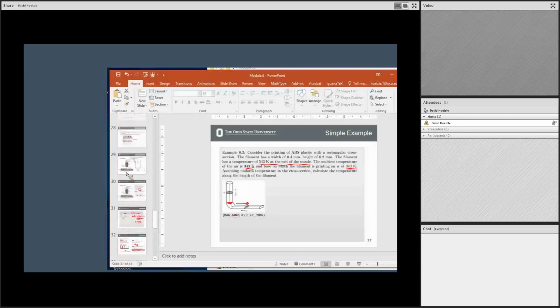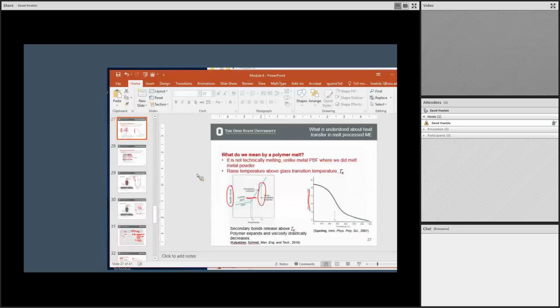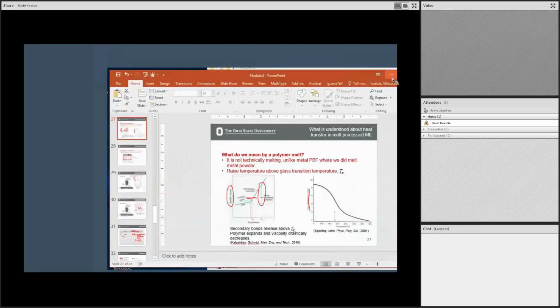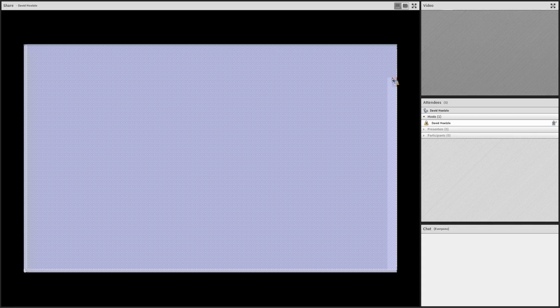That is given by this generic plot of specific volume. You heat it up and it expands a considerable amount. Every material does, except for some exceptions, with water being the notable one. So just like any material, it does expand.